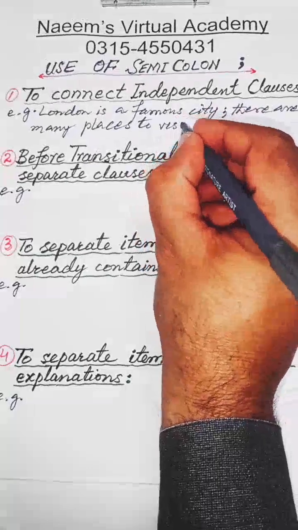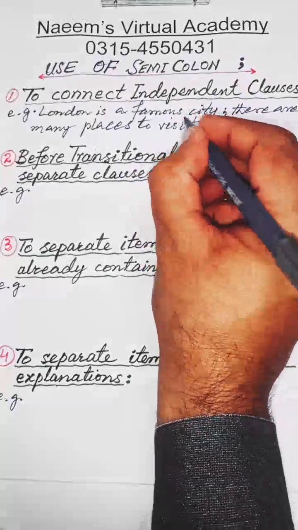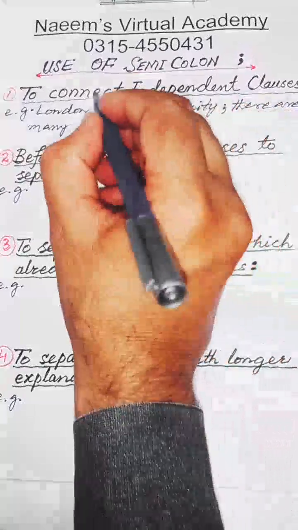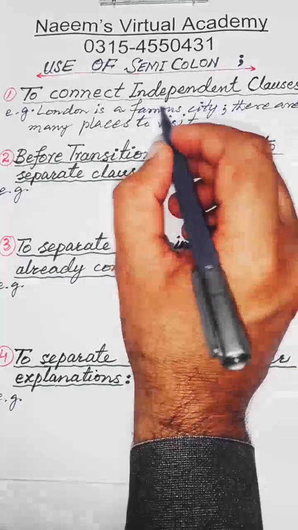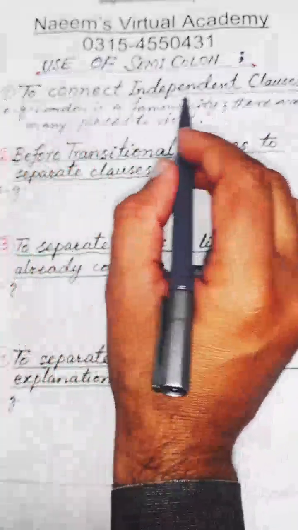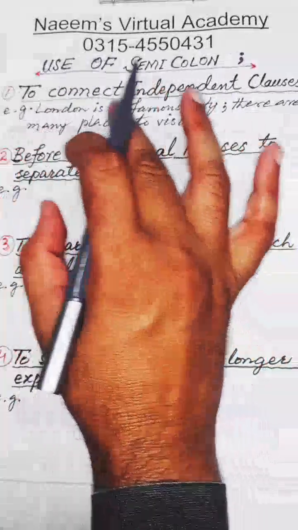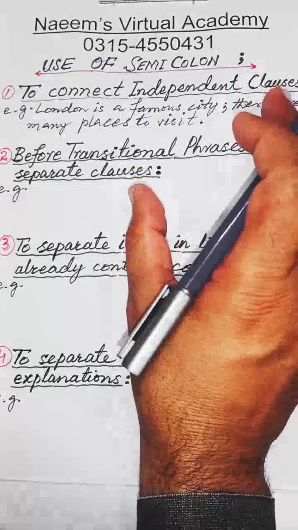These are the two independent clauses. Like a semicolon, we can also use a colon here. So this is the similarity between these both. And these are two independent clauses. I mean, you can use them separately as individual sentences, right?